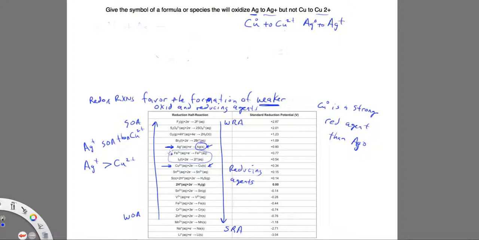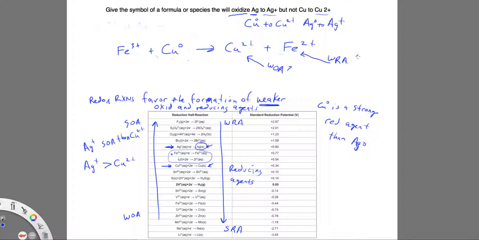So again, let's take a look at iron 3. This is our oxidizing agent. So when we said something that will oxidize, we're going to look at these on the left. So let's go back to iron 3. Will iron 3 oxidize copper to copper 2 plus iron 2? So again, iron 2 is going to be my reducing agent, and this is going to be my oxidizing agent. It needs to be the weaker one.